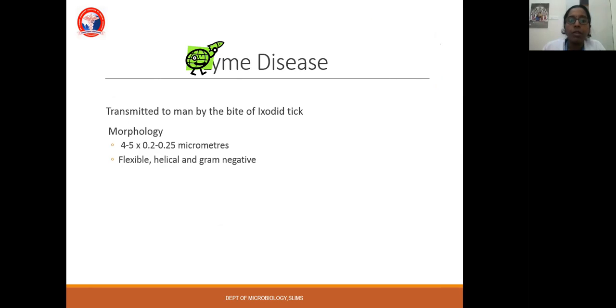Next, coming to Lyme disease. It is transmitted by the ixodid tick. Its morphology is flexible, helical, and it is a gram-negative organism.